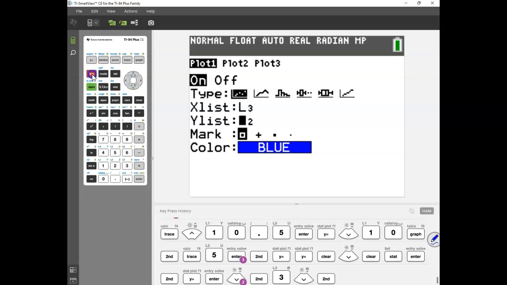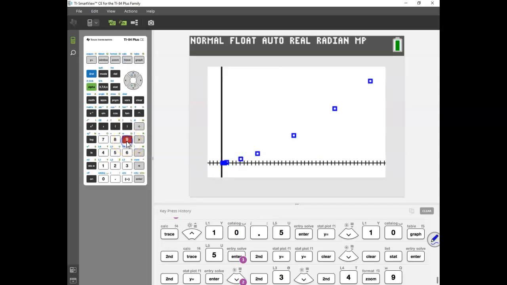You go up to the name and then hit insert, which is second delete, and then you name it by doing like second 1, second 2. Now, because I have new data, I have totally different window needs from the previous problem. I need to hit zoom stat again.